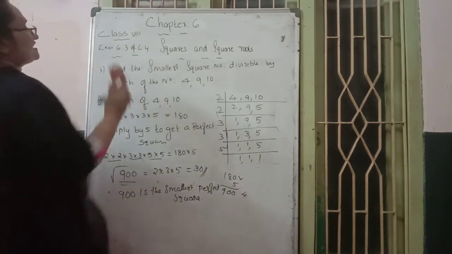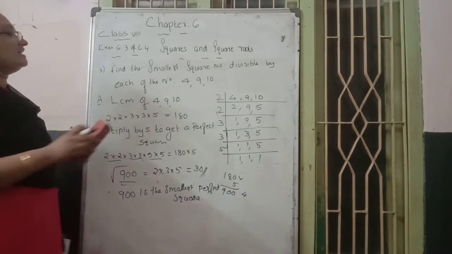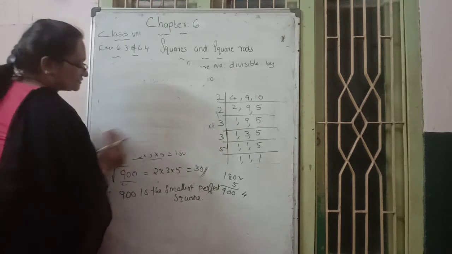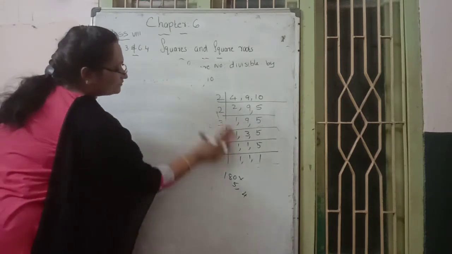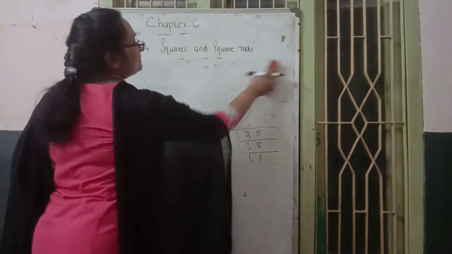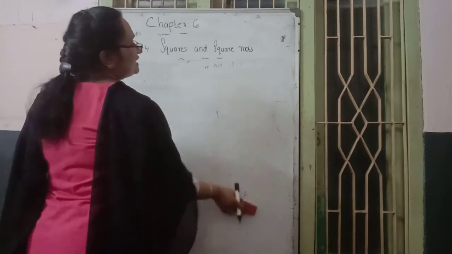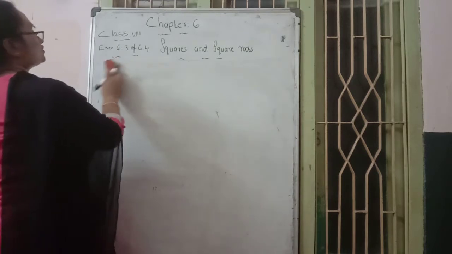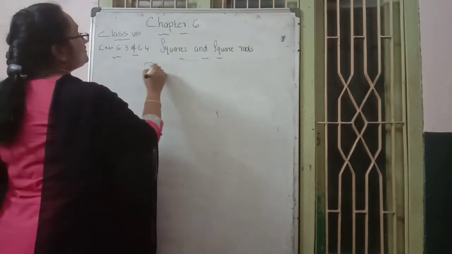Then this is our exercise 6.3. Next we go to exercise 6.4. In 6.4 they talk about finding the square root. Up to now we learned the prime factorization method. Next we are going to learn the division method.